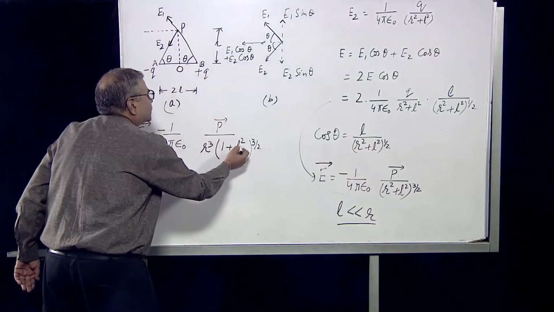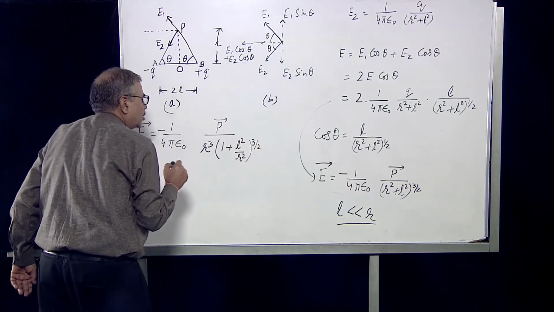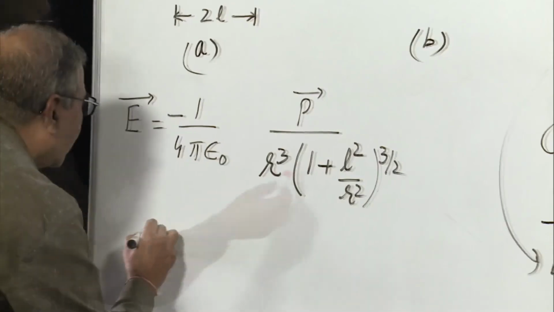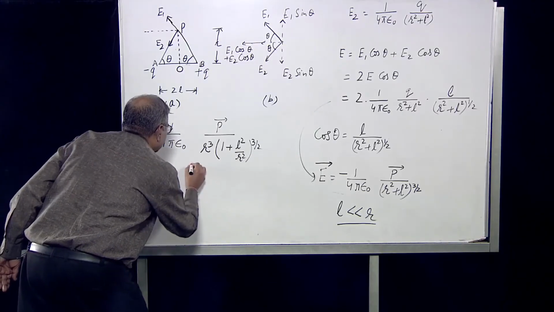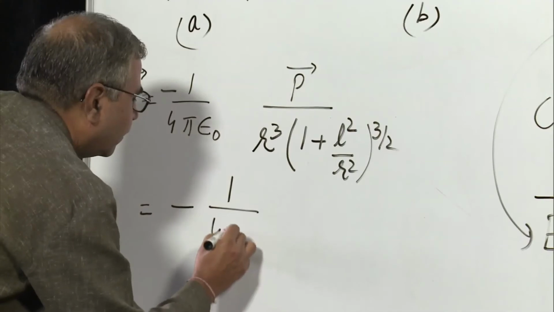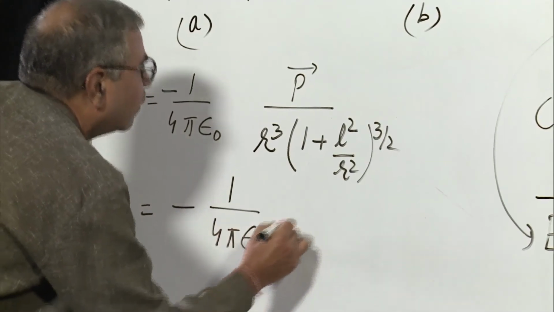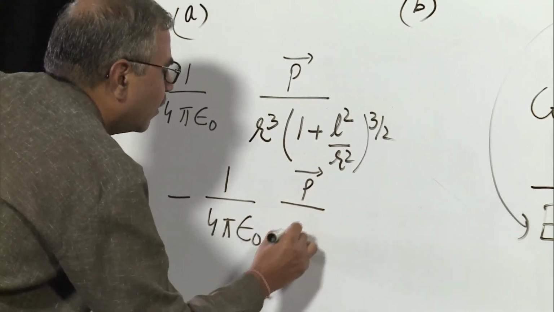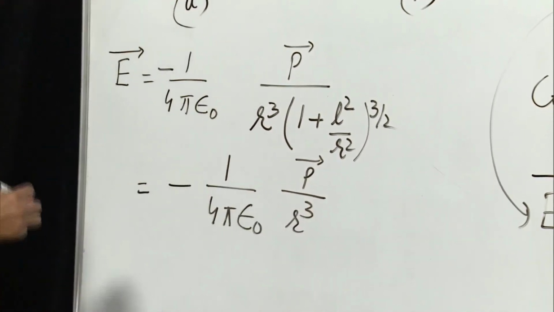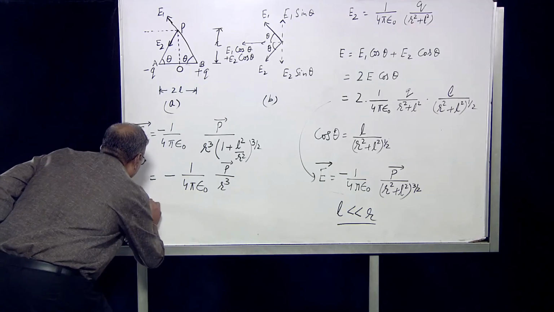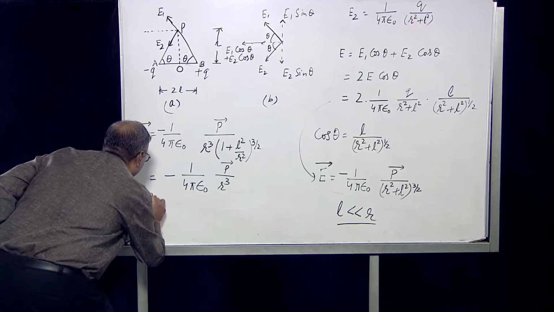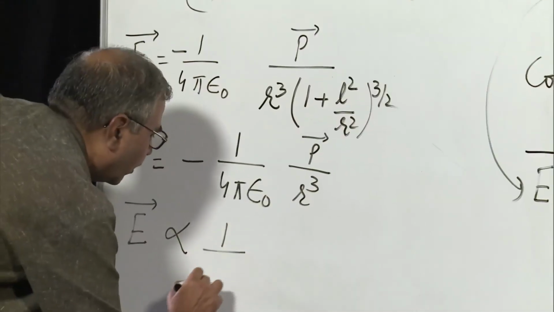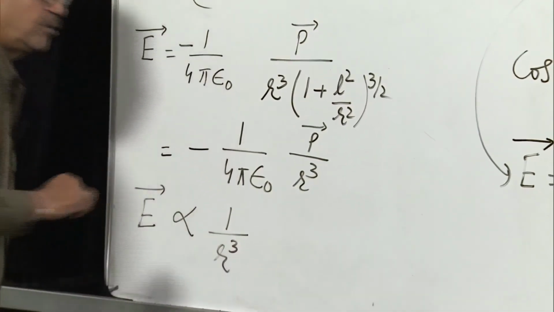As L is very small as compared to r, this term can be neglected. We are left with minus 1 upon 4 pi epsilon naught, p upon r cube. Again, we find that the electric field E in this situation is proportional to 1 upon r cube.